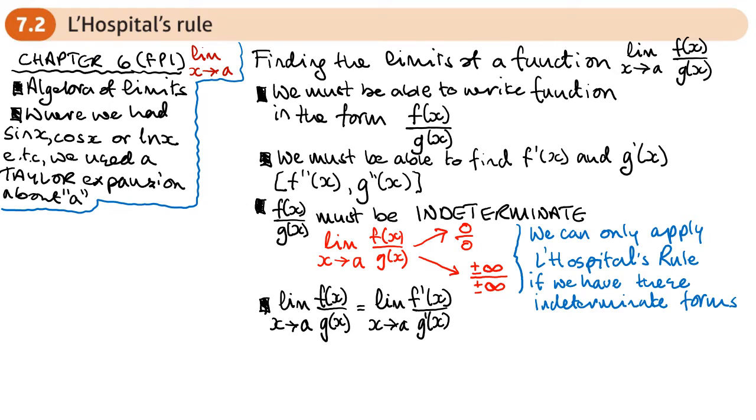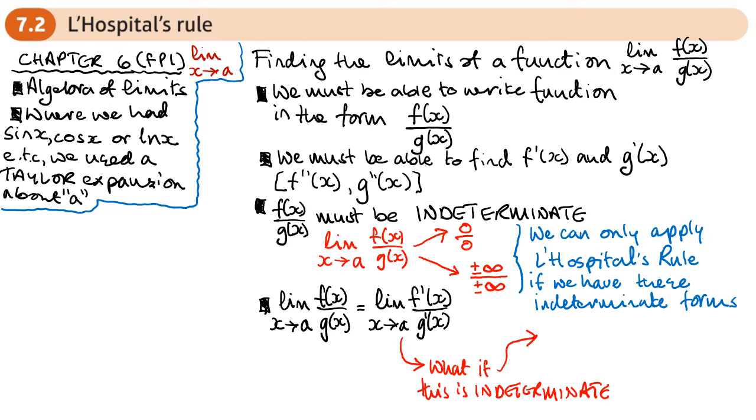Now it may be that we calculate this, and this is in indeterminate form. So what if this is indeterminate? In other words, we end up getting 0 over 0 or infinity over infinity as x tends to the value of a.